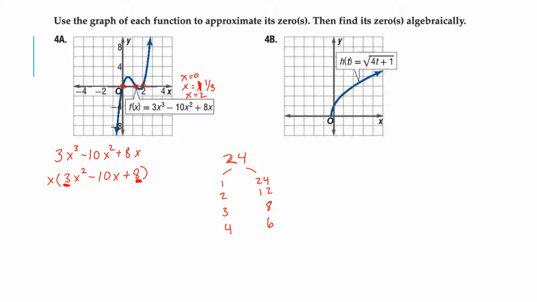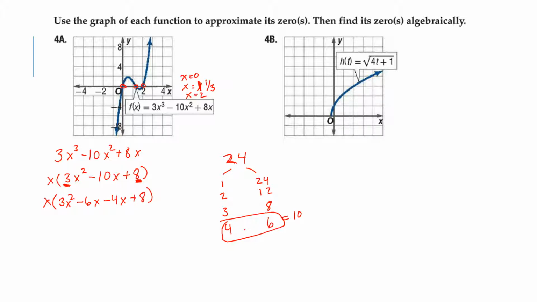To add these up, I see that 4 and 6 add to make 10. So I'm going to rewrite the inside here. x, 3x squared. Now, 3 and 6 have a common factor, so I'm going to write 6 first. Minus 6x minus 4x. All I've done is I've split up this 10x into 6 and 4, plus 8.